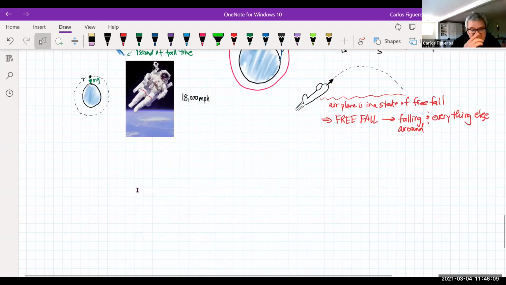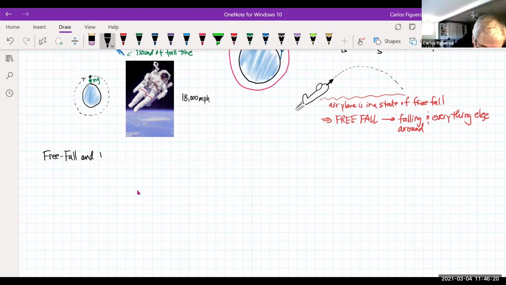But if we continue to think about free fall, it has some really bizarre issues. So if I look at free fall and the force, let's talk about this. When we drop things in free fall, there's something special about this.